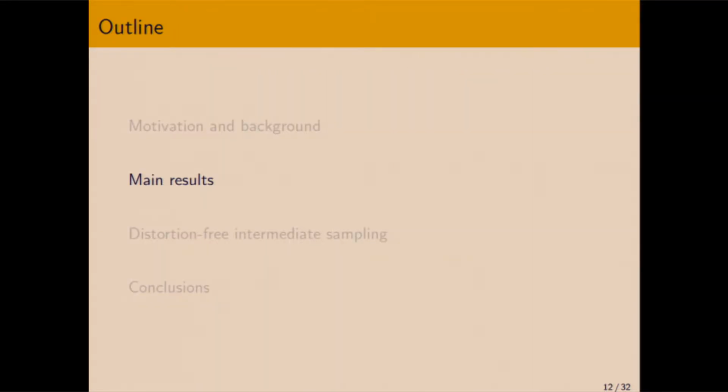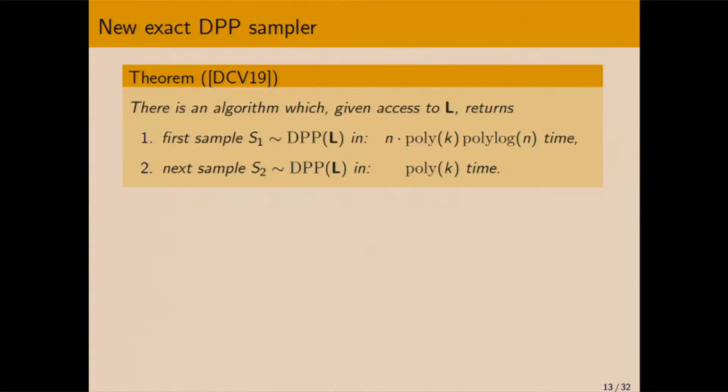Okay, so let's go into the main results. The main result I will be talking about is a new exact DPP sampler. Let's just parse the statement.